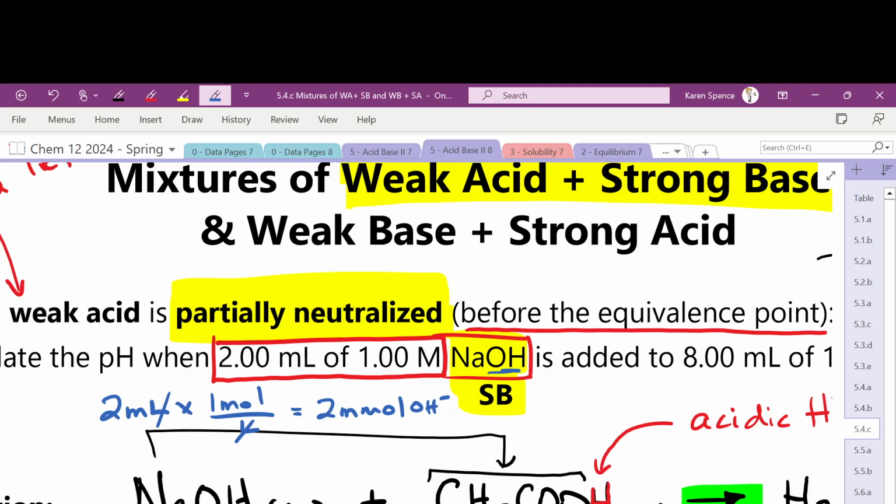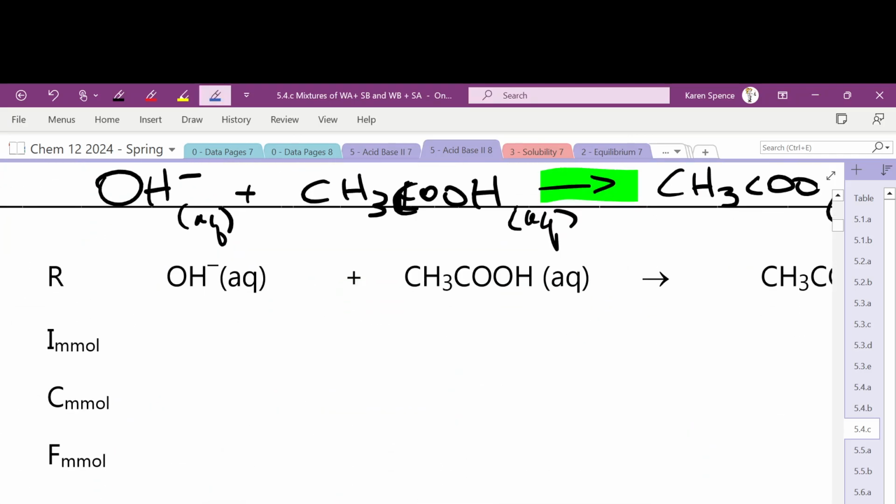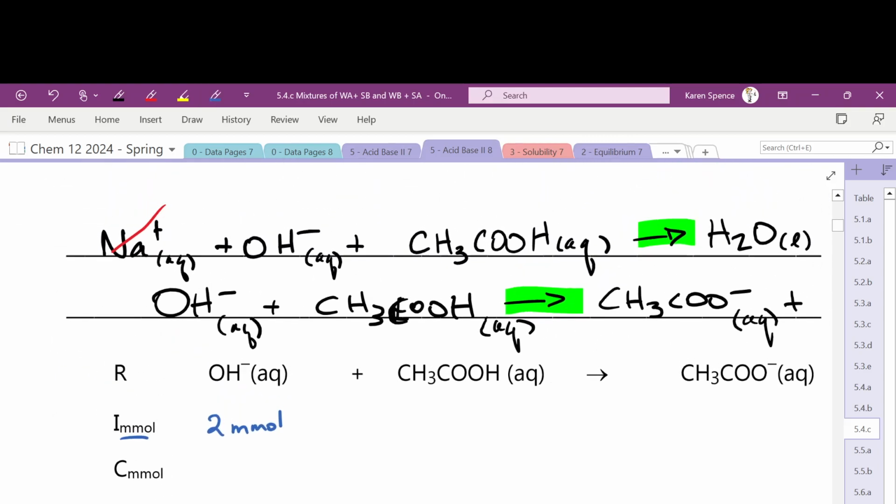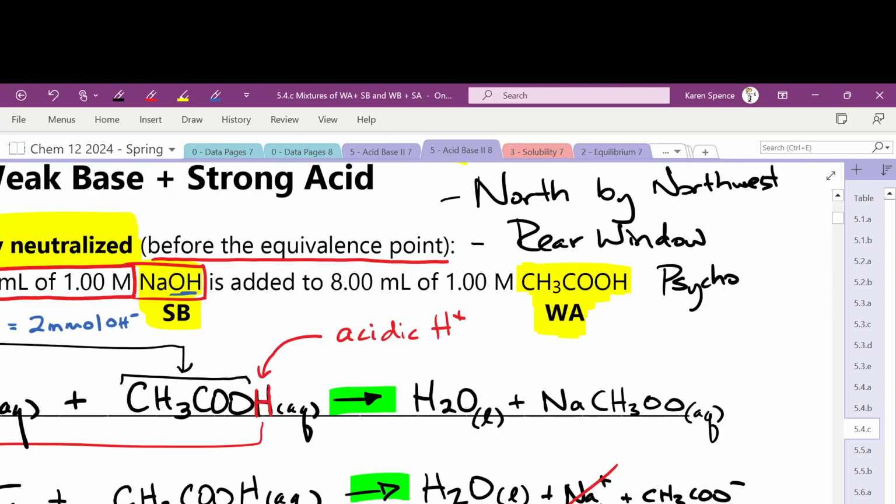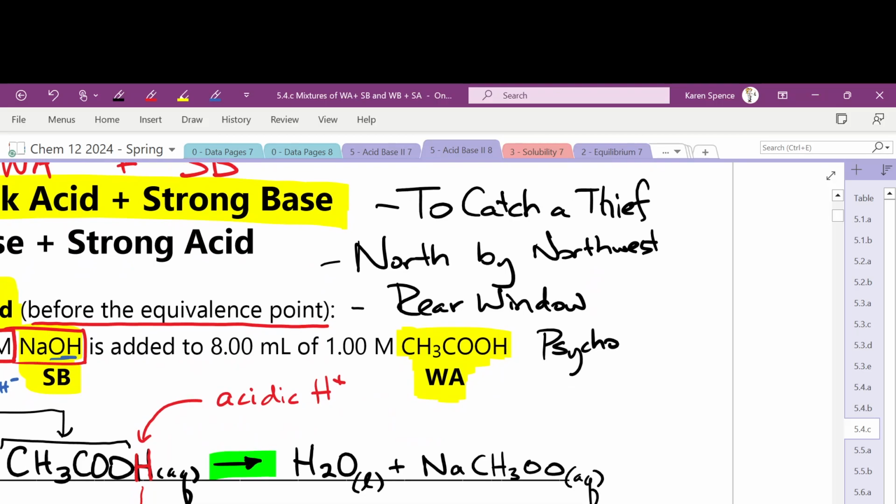So we can go and put that in our RICFA table. I've even written millimoles here, so you don't have to write millimoles every time if you don't want to. Now, how many millimoles are there of the acid? We have 8 milliliters of, remember, what does of mean?